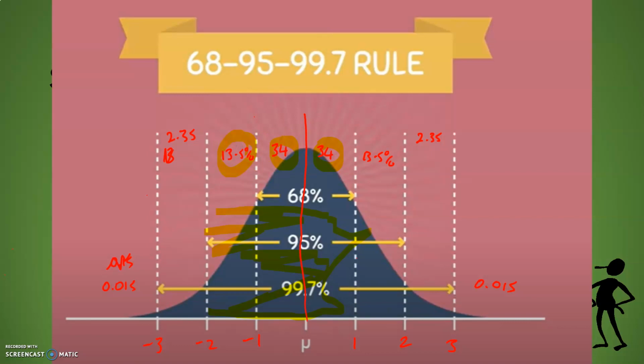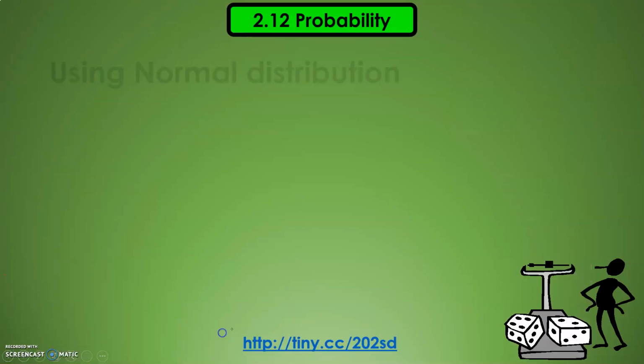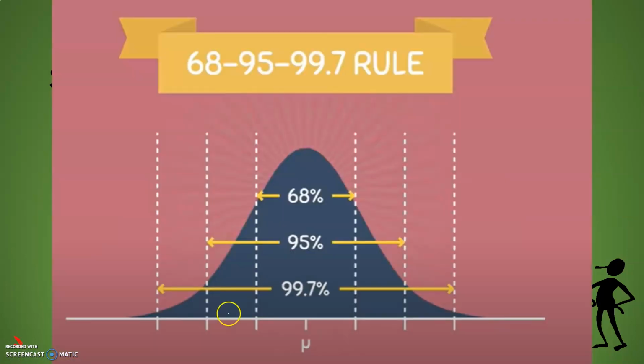And in fact, if we then wanted to know, say, minus 1.5 to plus 0.75, we could try and work out what probability that is.